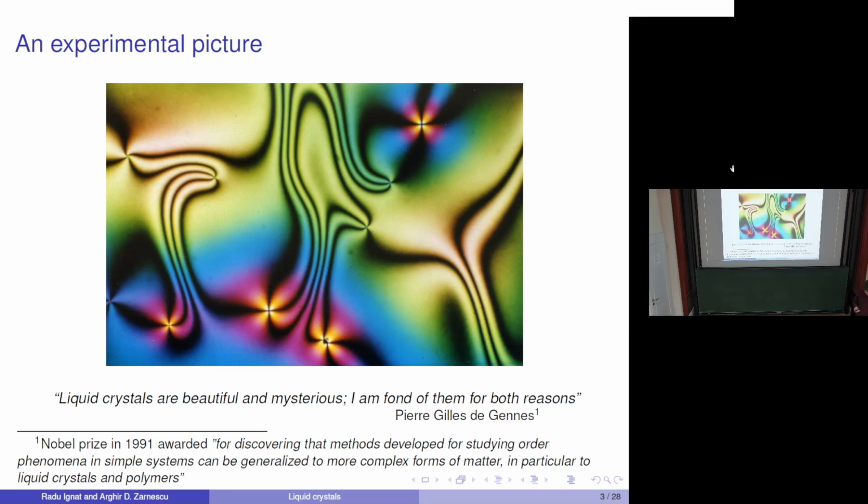There are many types of liquid crystals. We'll just talk about one called nematic, and nematic is related to a Greek word nema, which means threads, yeah. So lines like this. So that's the main characteristic of this material, namely these threads.